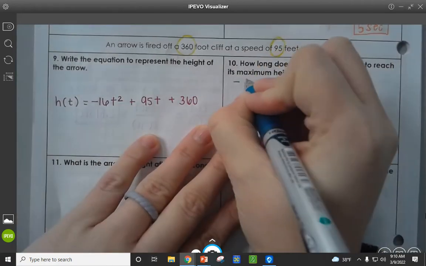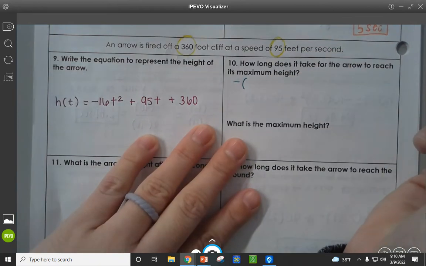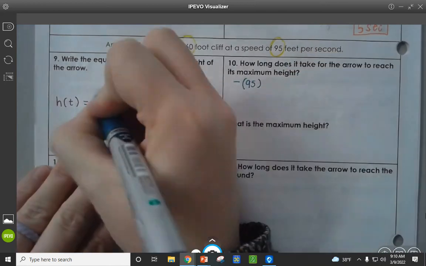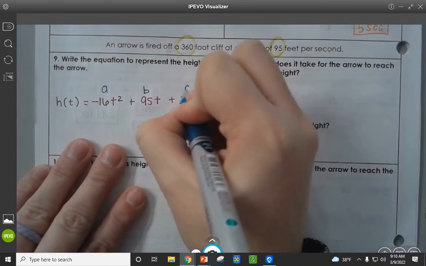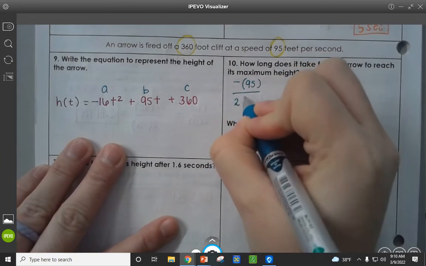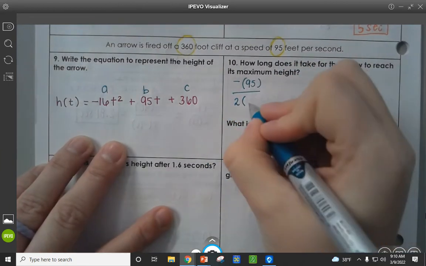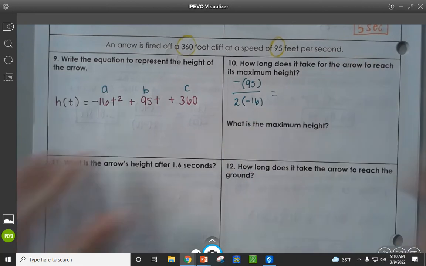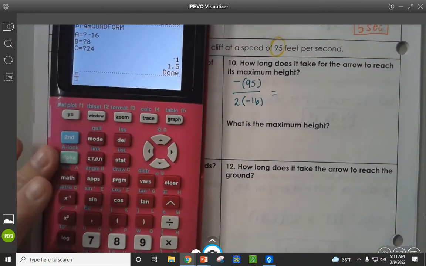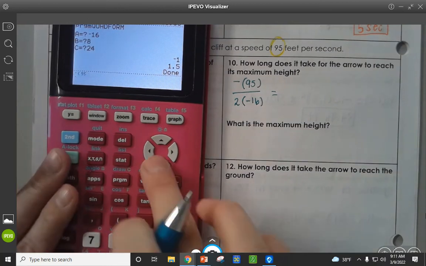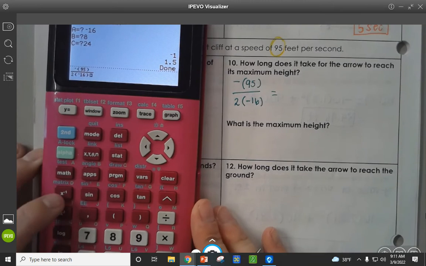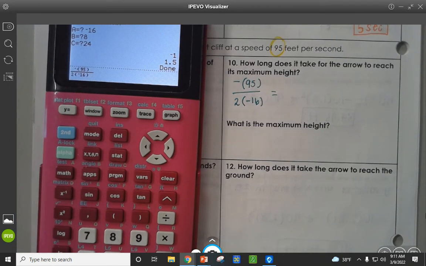So what is my b? 95. Your numbers go A, B, C. Over 2A. What's my A? Negative 16. So negative 95 over 2 times negative 16. If you don't have your calculator, you can come get it.